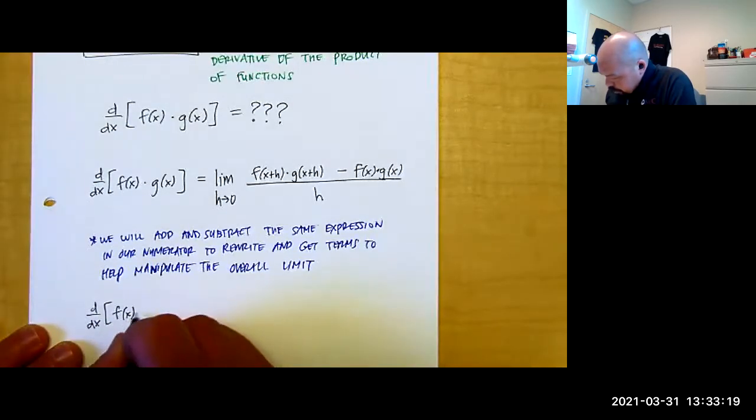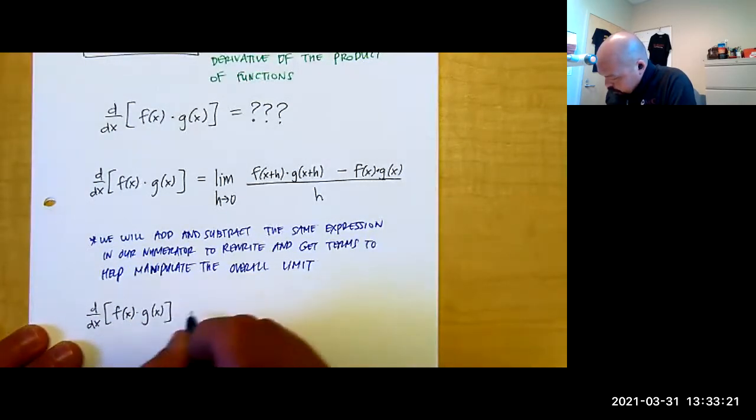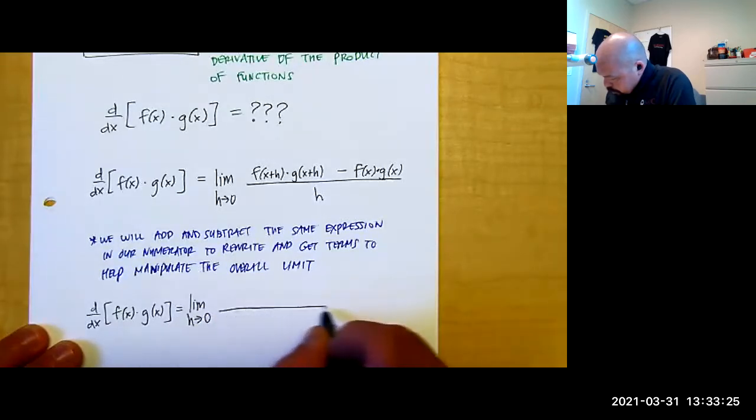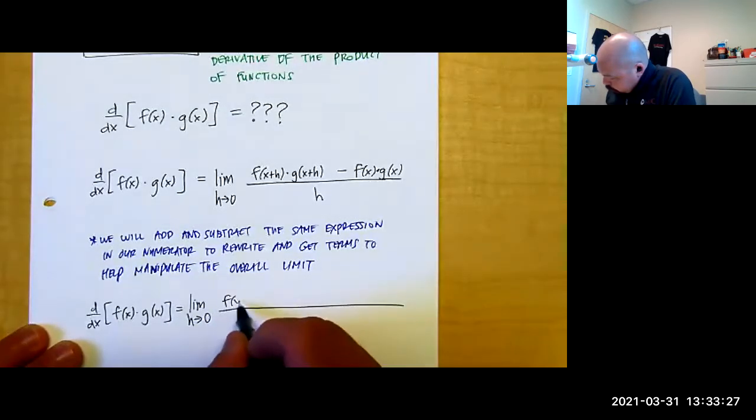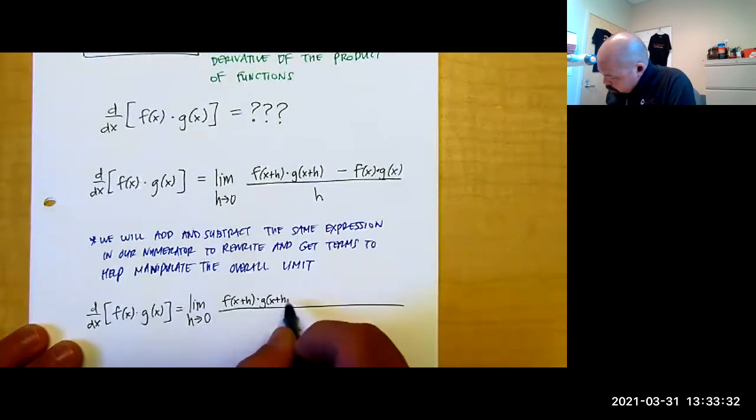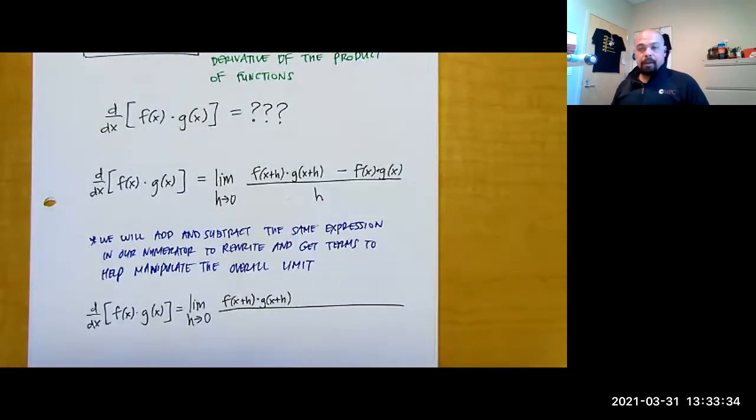So from above, with the limit, my organization might be a little bit different than the textbook, okay?